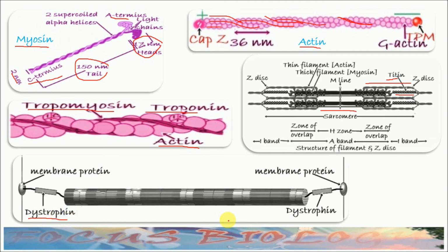This is the myofibril, and dystrophin attaches this to the integral membrane protein. This one is called the sarcolemma, that is, the plasma membrane of the muscle fiber. And dystrophin is responsible for attaching the thin filament to the integral membrane proteins of the sarcolemma on either side.